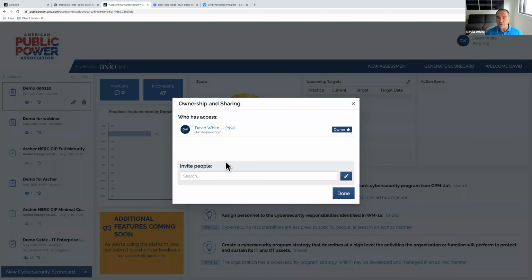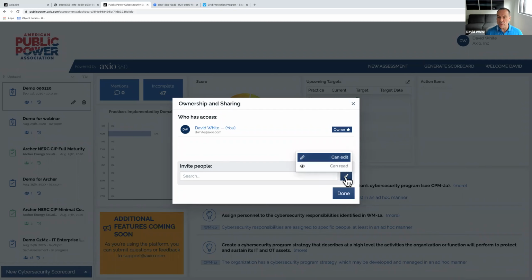We do have the ability for you to share with someone outside your organization. For those of you who've been using the platform for a while, that is a new feature. It is a feature that we have to turn on because you should have some security consideration before you do that. So if you want to share it with somebody outside your organization, you can reach out to support@axio.com and we can help you get that set up.